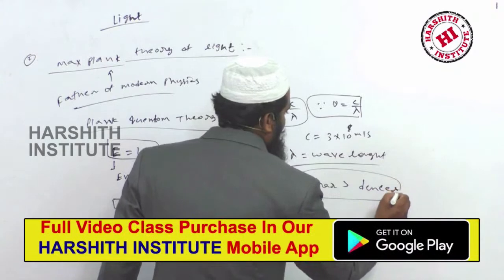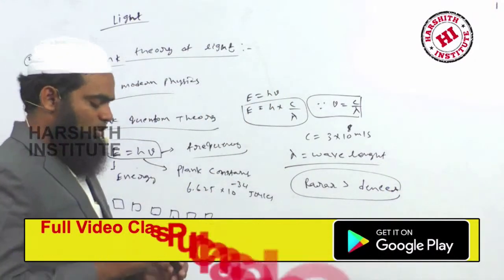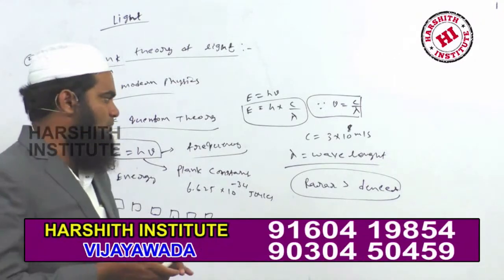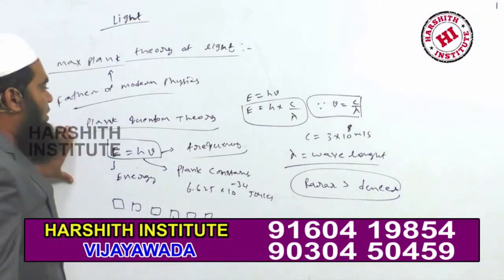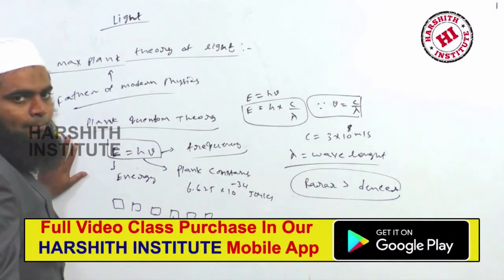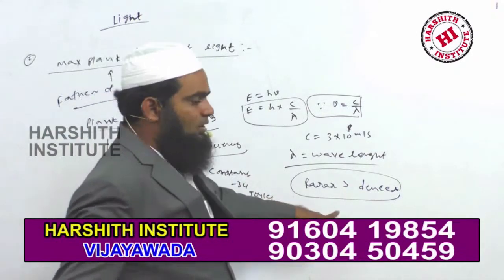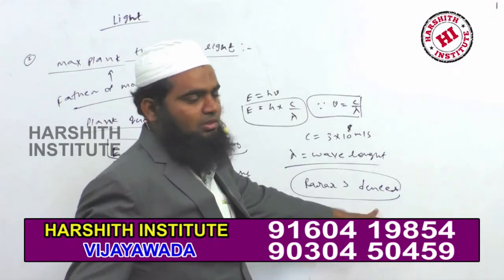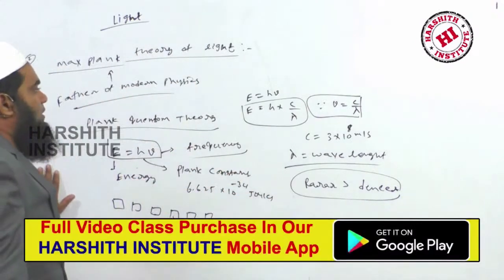So this type of relation is given by Max Planck. So in this theorem, the light is passed in any medium, we require a medium for propagation. In rarer medium the velocity is more than the denser medium. So this theorem is called as a Planck quantum theorem.